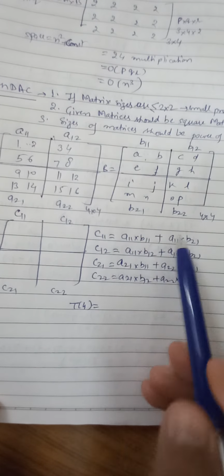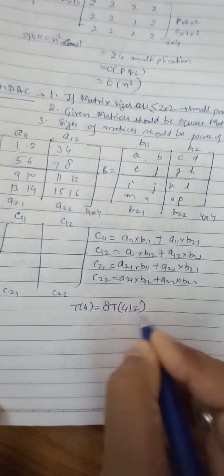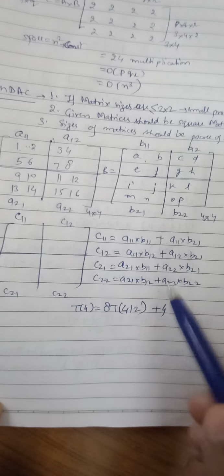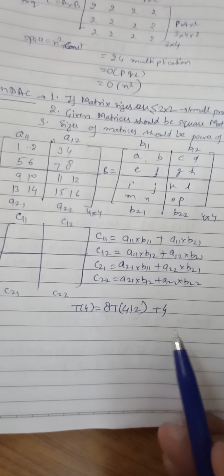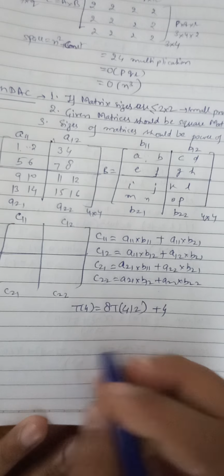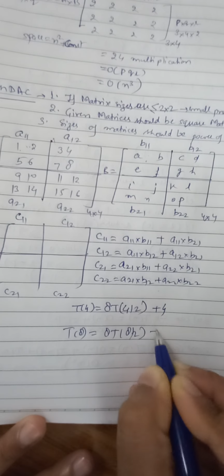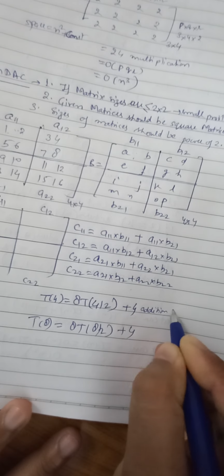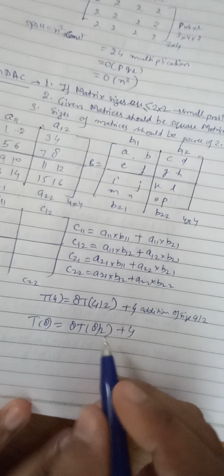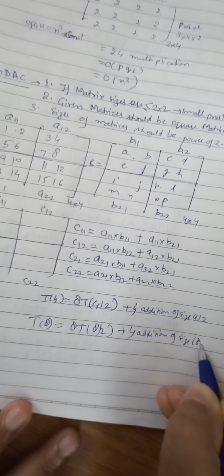In total there are 8 multiplications, 1 2 3 4 5 6 7 8, each of size 4 by 2, plus 4 additions. So for size 4, the time is 8 multiplications of size 4 by 2 plus 4 additions of size 4 by 2. In a similar way, for 8 it will be 8 multiplications of size 8 by 2 plus 4 additions of size 8 by 2.